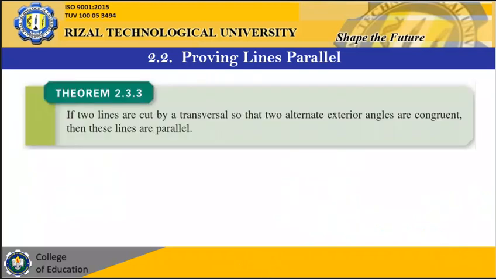Next, if two lines are cut by a transversal so that two alternate exterior angles are congruent, then these lines are parallel. The proof of this theorem is similar to that of the previous theorem.